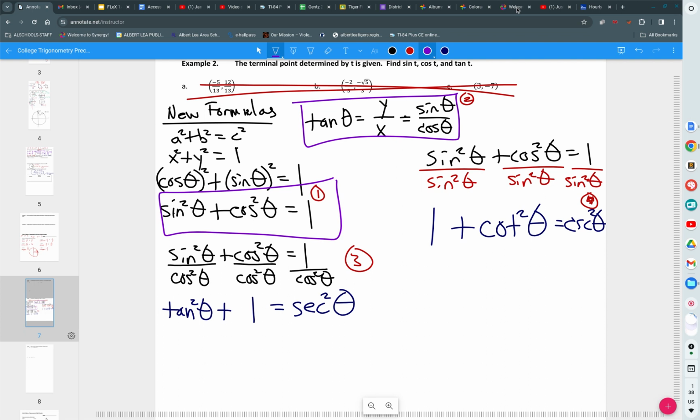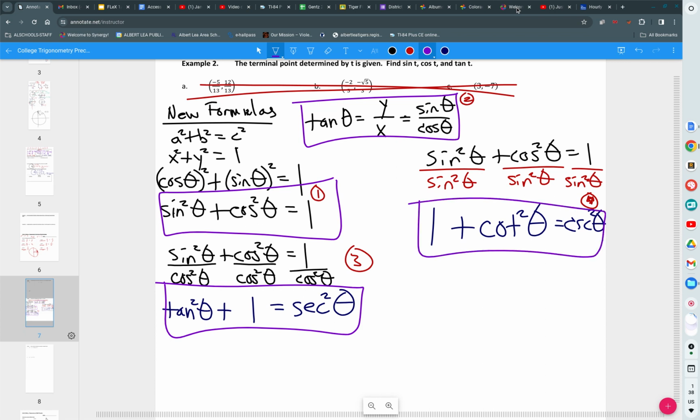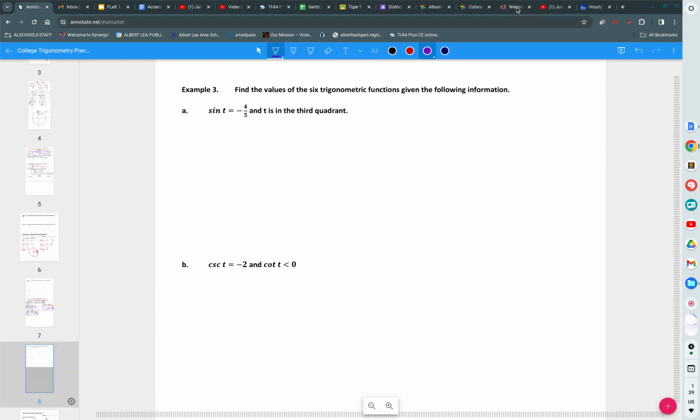Don't ever forget that. This is one that I do use a fair amount, okay? But people don't always remember that one. I'll admit, folks, this one really doesn't get used hardly at all. When it comes to chapter 7, we'll use this a little bit, but these other ones get used a lot, especially the first 2, okay? All good there? All right, so flip it over to the next page.